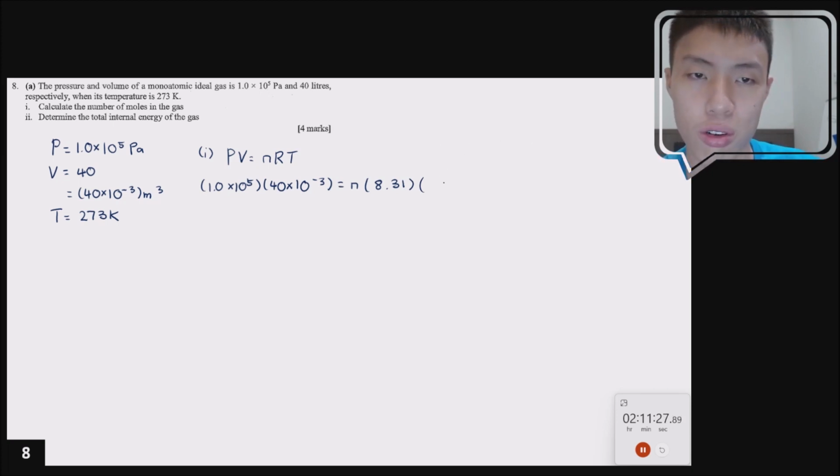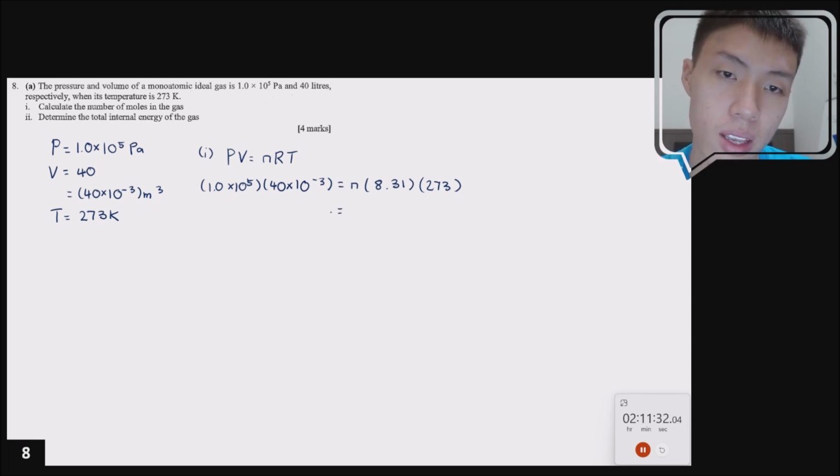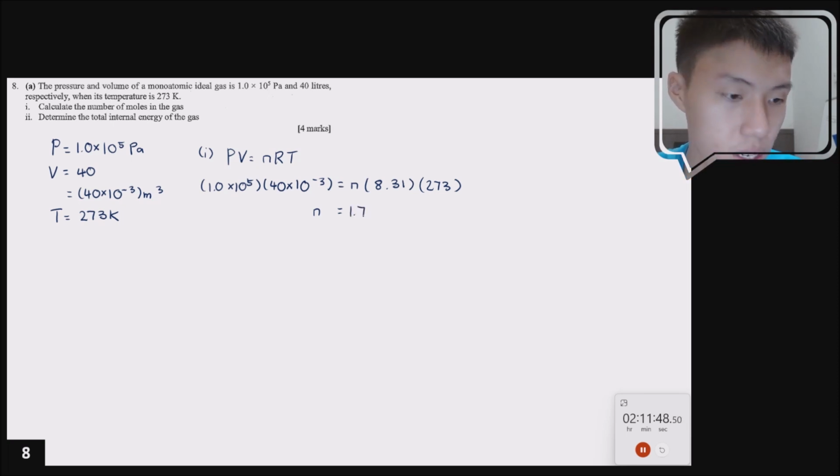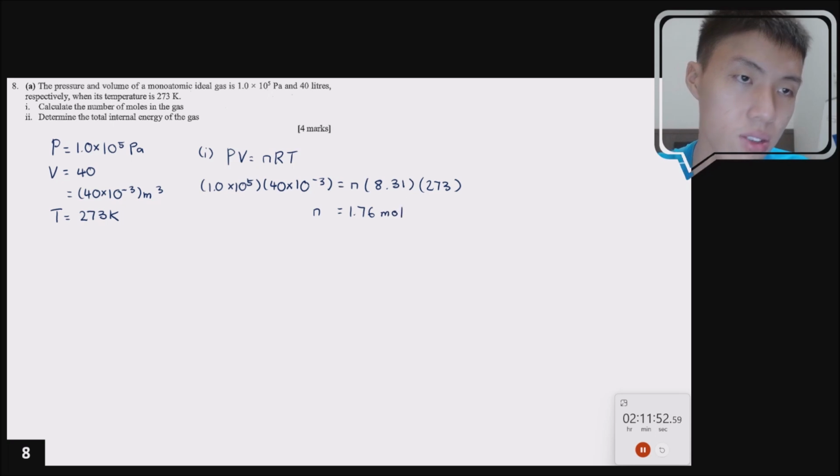So the R is 8.31. And this one is 273. Then your number of mole will be 1.76 mole. Okay, so that's question 1.